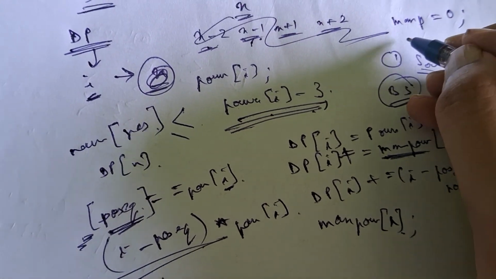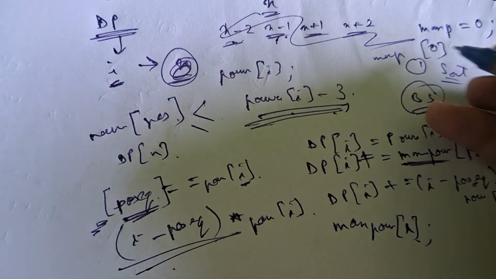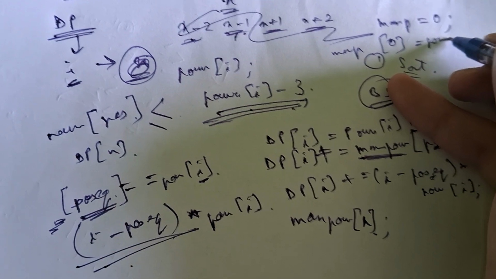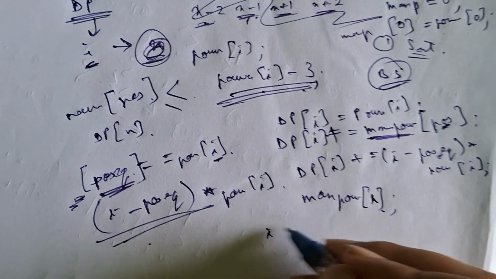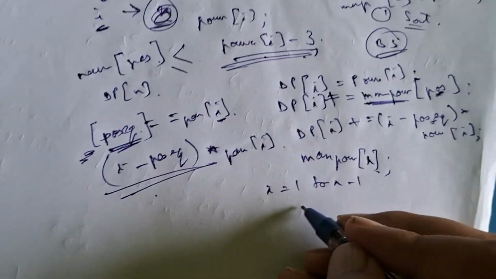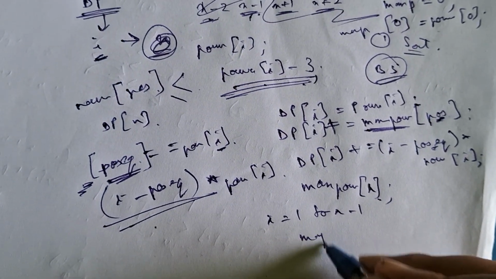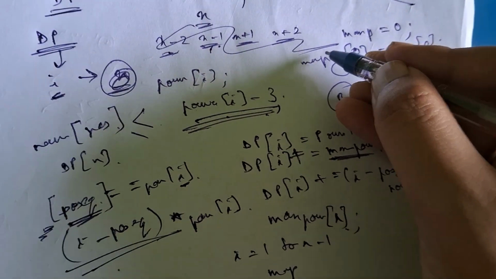For position 0, make max p equal to power of 0. While traversing from 1 to n minus 1, you can make max p, this would be max power.